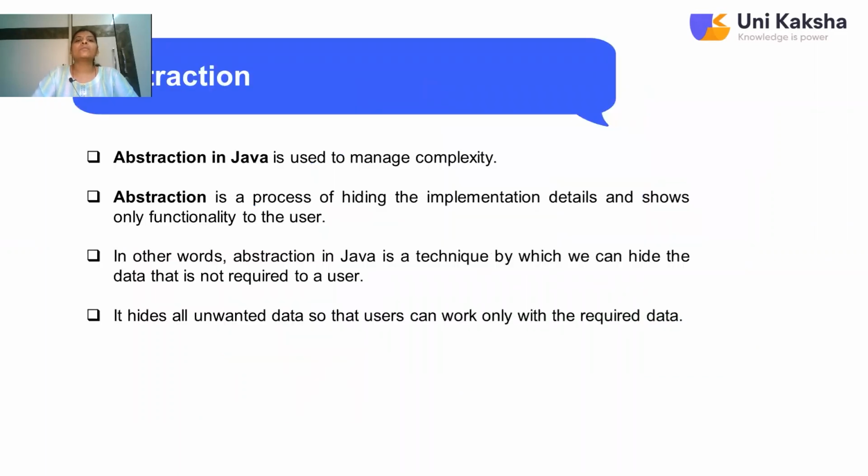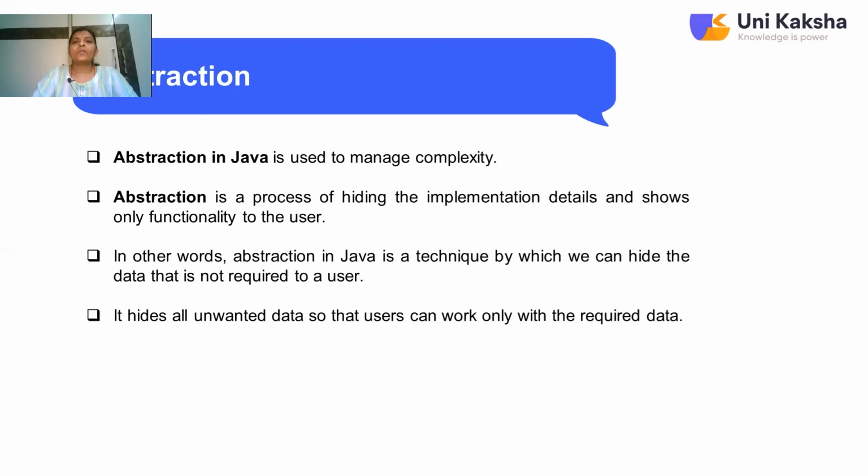So abstraction basically is a process of hiding the implementation details and showing the functionality to the user. It means, as I told you, it is going to show only limited data to the user. Abstraction in Java is used to manage the complexity. How the complexity and code reusability can be managed, I will show you along with the example.